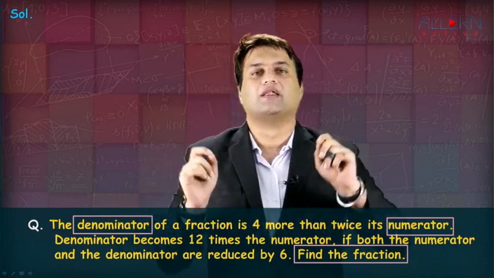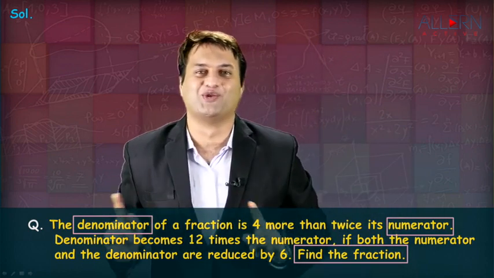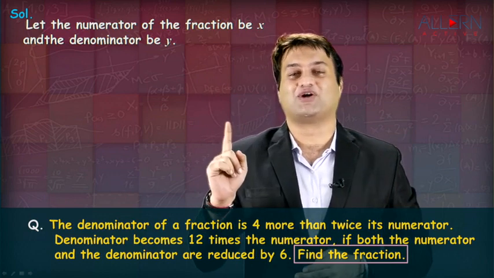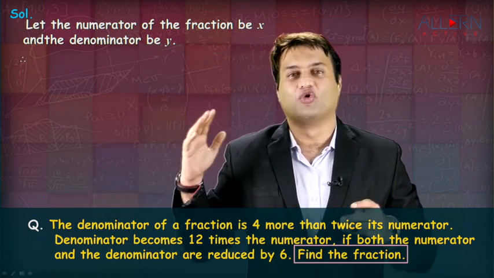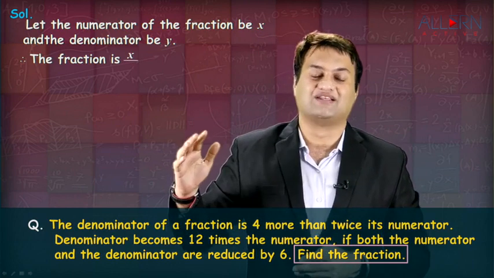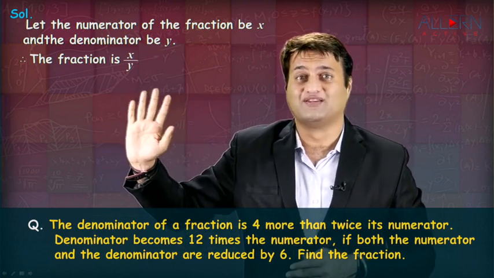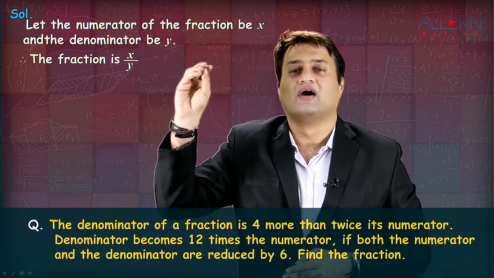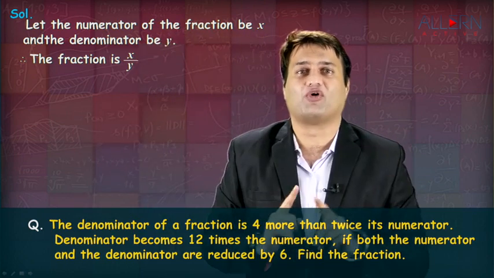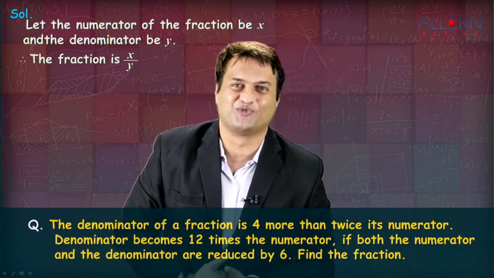Never be like let the fraction be x and the fraction be y. No. It should be let the numerator of the fraction be x and the denominator of the fraction be y. Therefore, the original fraction is x upon y. Now, it is important to write it this way, right? So, finally, when we get the value of x and y, ultimately the answer should be in the form of the fraction x upon y, right?